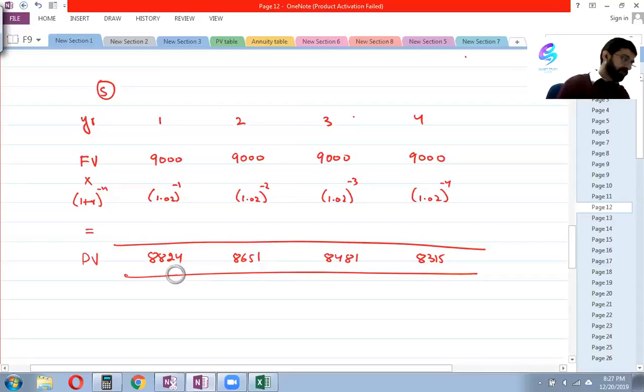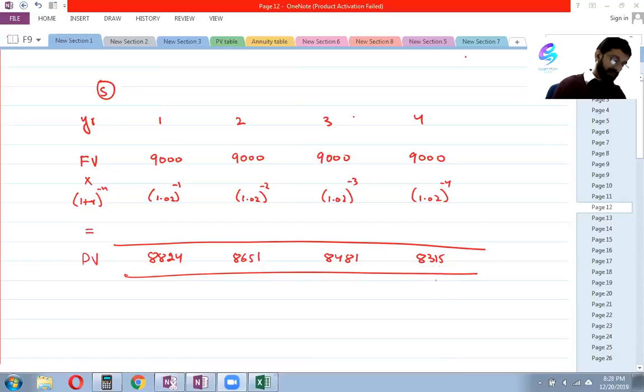So 8824, 8651, 8481, and 8315. If your answers are slightly different, that will be because of the rounding, right? So if you have 9,000 after 1 year, the value now currently in year 0 will be 8824.